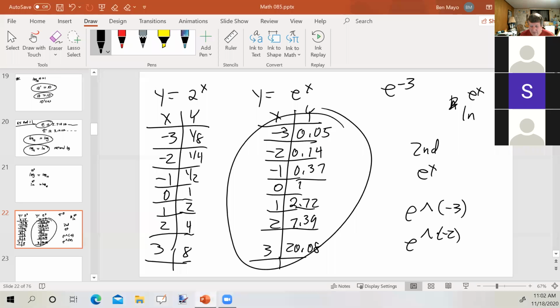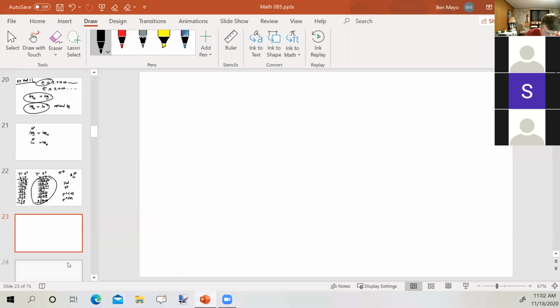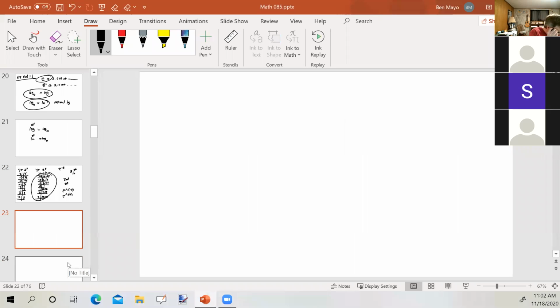All right. Let's go back to the other screen. So now we're back to the normal screen here. We had a formula, A equals P times 1 plus R over K to the KT power.